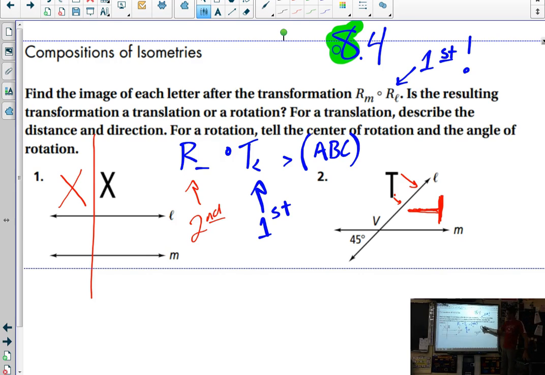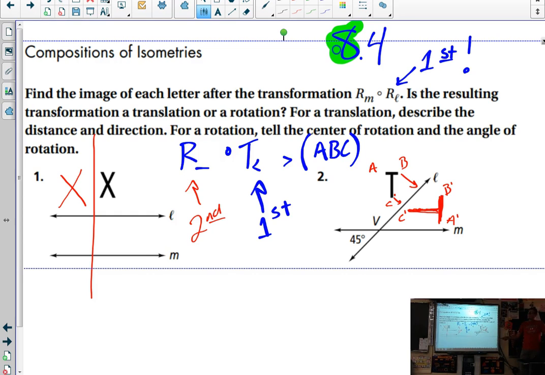If I labeled these points A, B, C, well this is C prime, but A prime has flipped way over here, and B prime is right there, because we reflected instead of rotating. If we rotated, this would be A prime, and this would be B prime, which is where some of you are having struggles, like the masteries that I've graded. You have to be careful to check your prime points. It might look right, but if your prime points aren't right, it's not right.